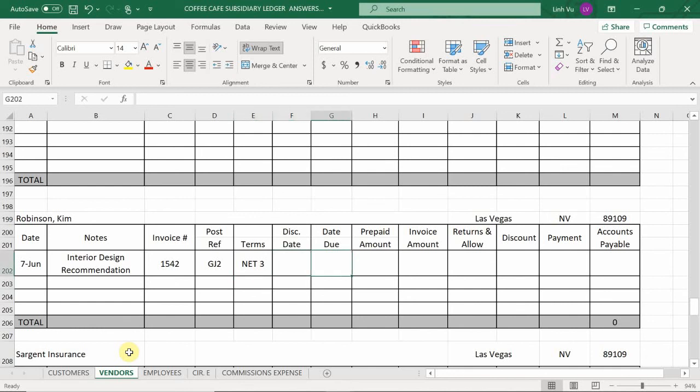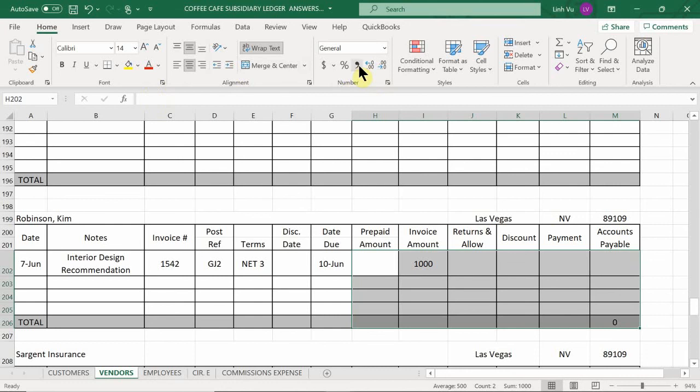However, we do have an actual due date. And what is it going to be? If I receive the bill on the 7th plus 3, that means I must make a payment to her by June 10th. And what was the invoice amount for? $1,000. And of course, I didn't make a payment to her at all.